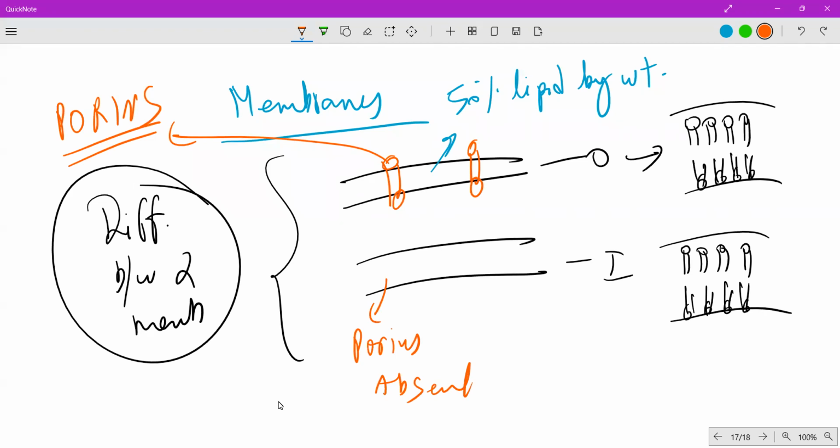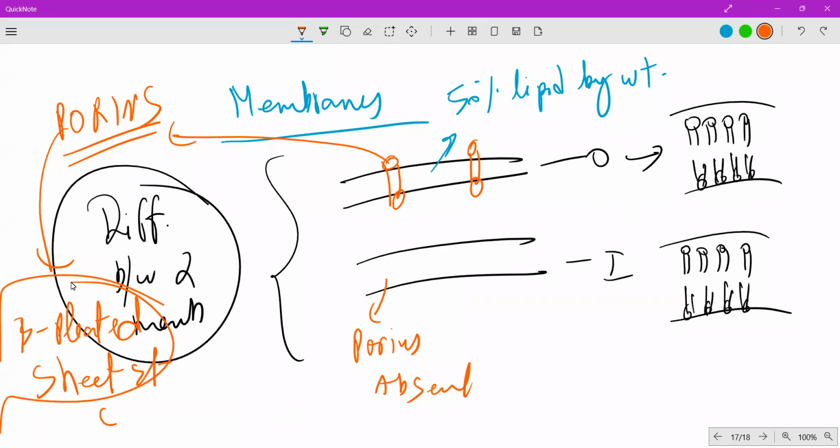In fact, these porin proteins are made up of not alpha helical, but beta pleated sheet structure. Remember, these porins are made up of beta pleated sheet structure. In biochemistry you'll study all this in detail. They are made up of closed beta pleated sheet structure.